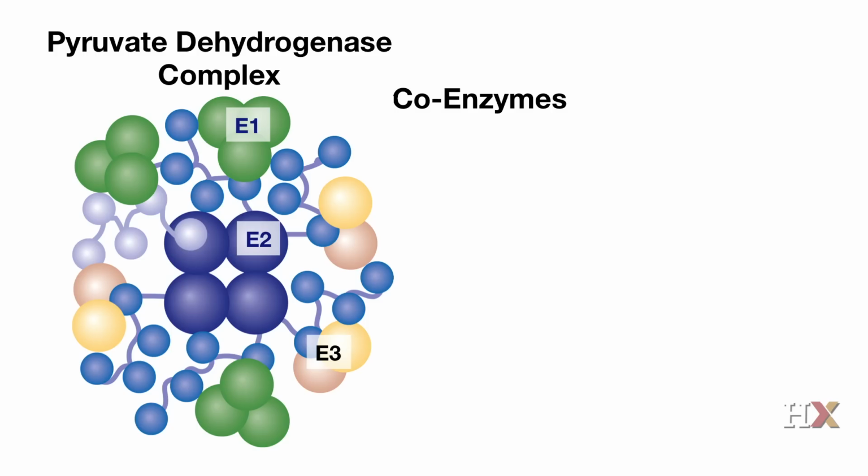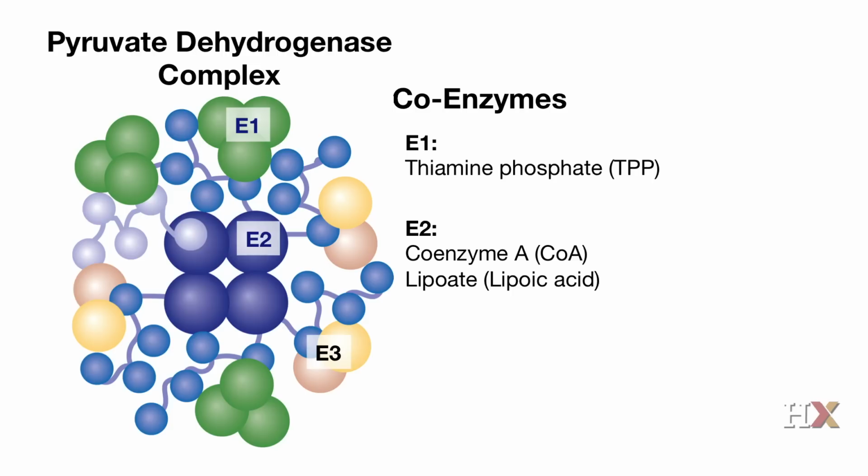To function, the PDH complex requires 5 additional coenzymes. Thiamine pyrophosphate, or TPP, is a coenzyme covalently attached to E1. We have covalently attached to E2 a coenzyme called lipoate, or lipoic acid.